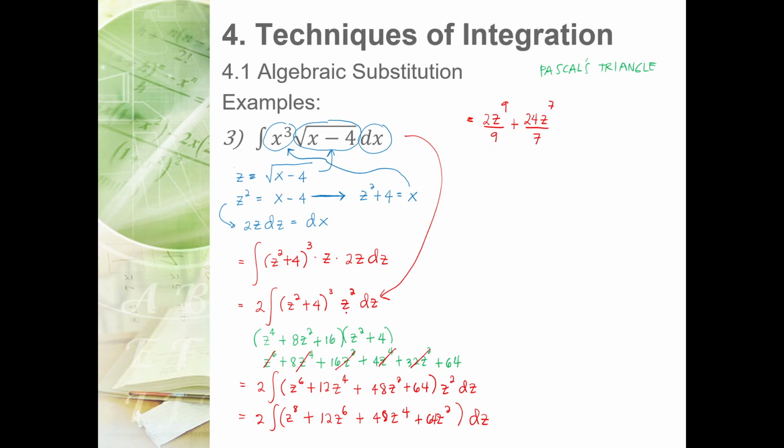Notice that we still have a coefficient of 2 outside the integral symbol, so upon integrating each term, we still have to multiply it by 2. Okay, so plus 96z to the fifth all over 5 plus 64 times 2, that's 128, right? z cubed all over 3 plus c.